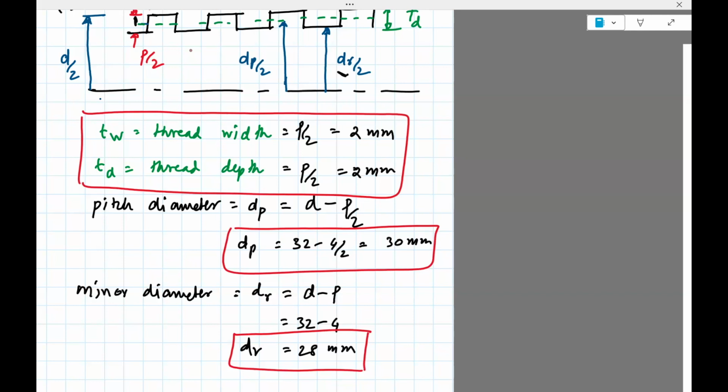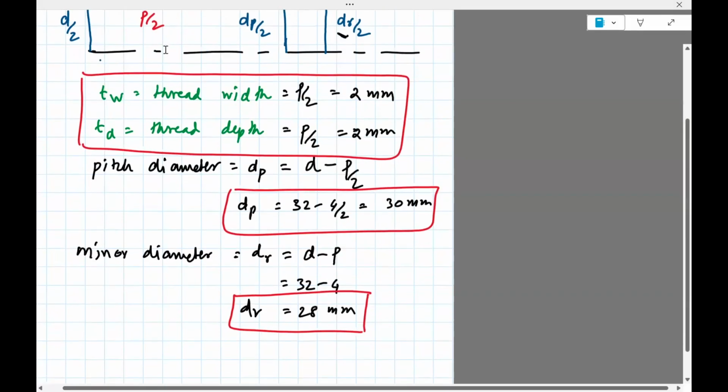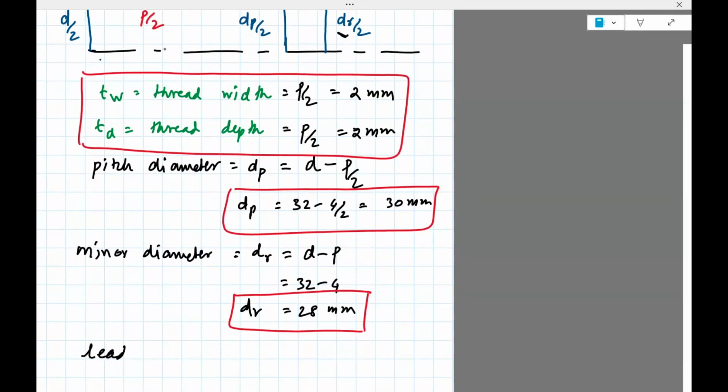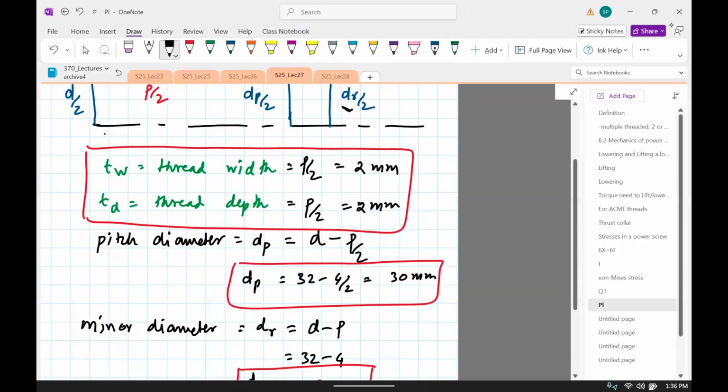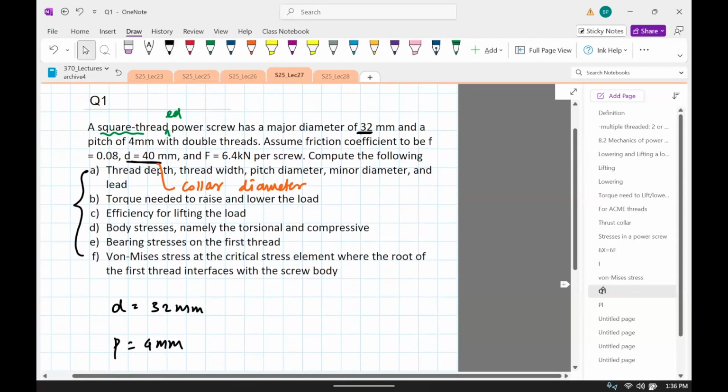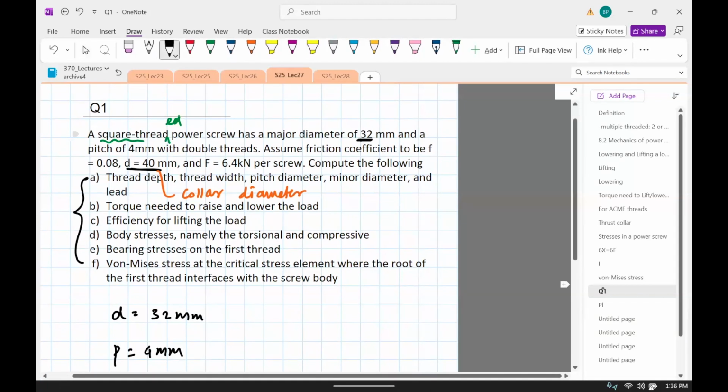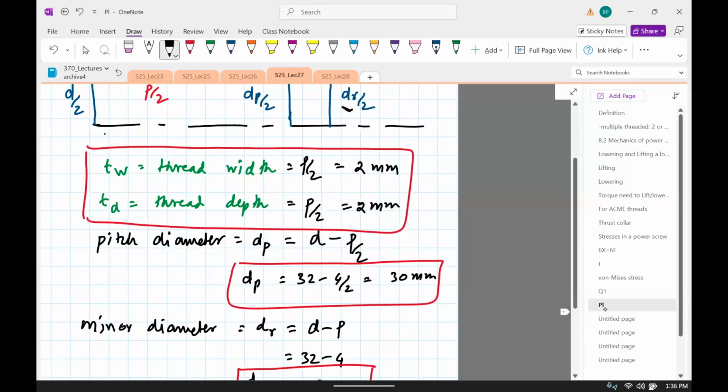Okay, and then the last question was the lead. The lead is basically the distance the screw moves for one rotation. We are told that this is a double threaded, square threaded power screw. The key thing is double threads.